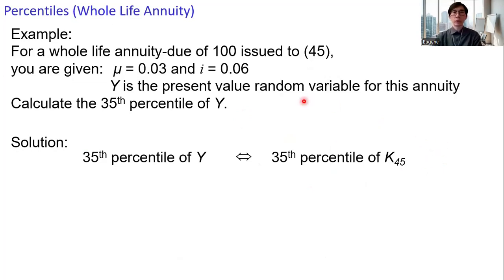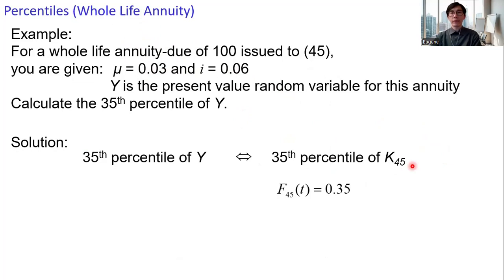And here we are dealing with a discrete annuity due, so we are dealing with K instead of T. Assume first the continuous case, where we still work with T45.